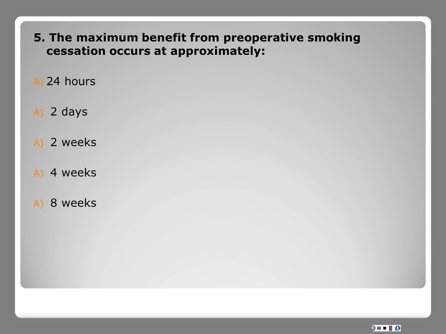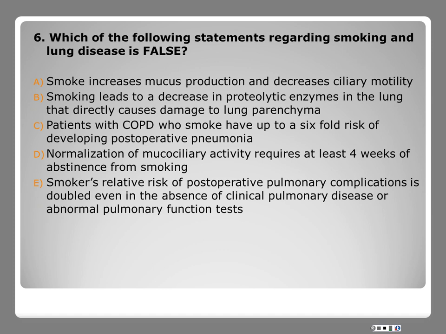Maximum benefit from preoperative smoking cessation, of course, at approximately 8 weeks, exactly. But after 24 hours, carboxyhemoglobin goes down, so that's important to know. Which of the following statements regarding smoking and lung disease is false? And I know that's a lot of text. But we have some A, B, C, D, and E here.